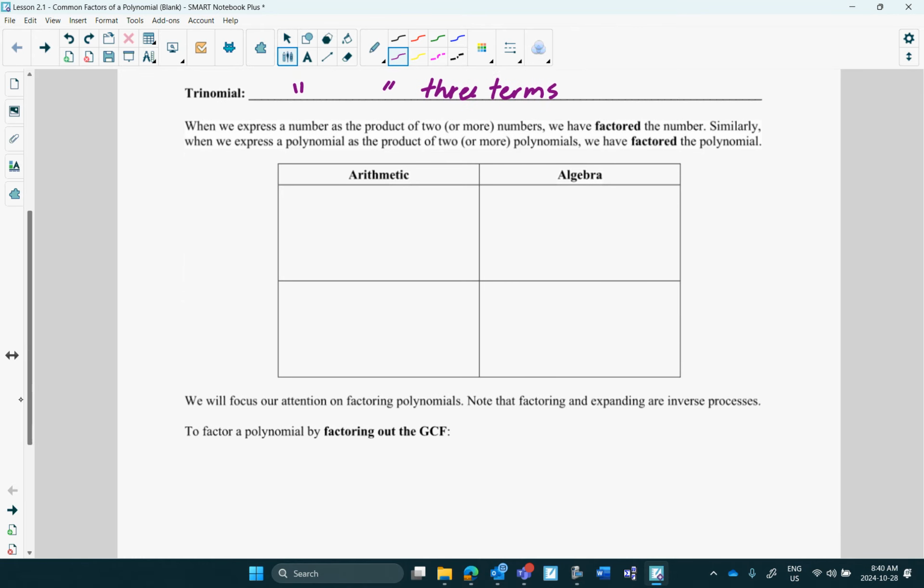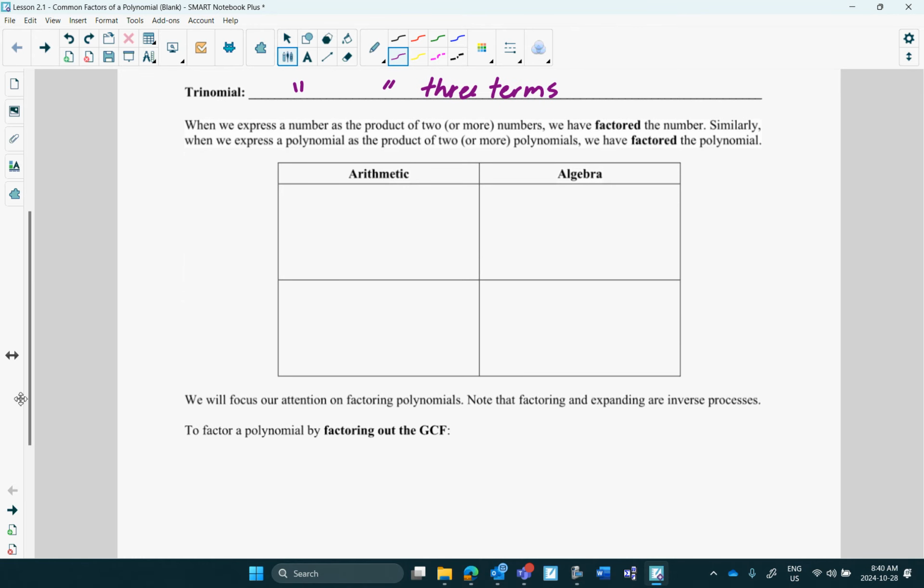So the first thing we're going to start doing is factoring polynomials. You guys have factored before, using arithmetic numbers. So you have multiplied, say, 6 by 4 to get 24. Factoring is the reverse process. I give you the number, you tell me what you multiply.